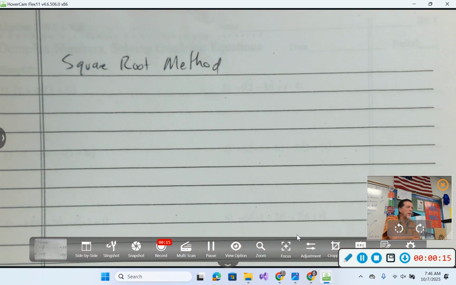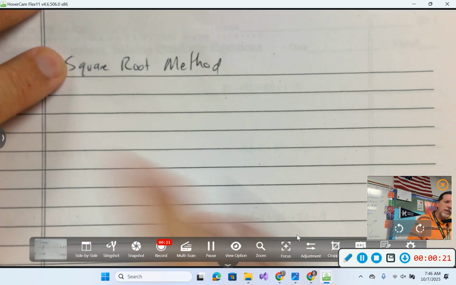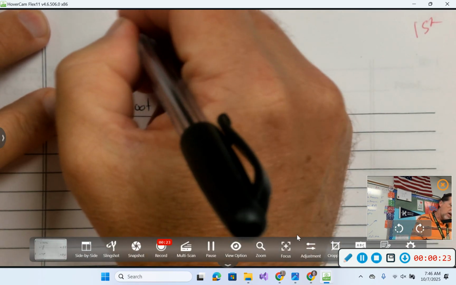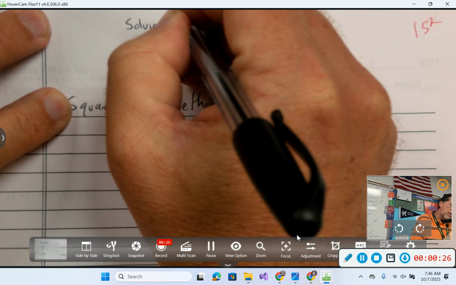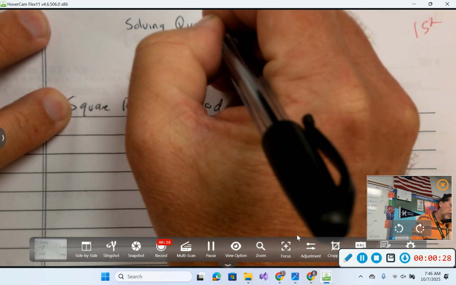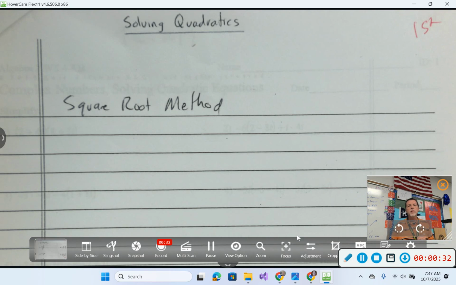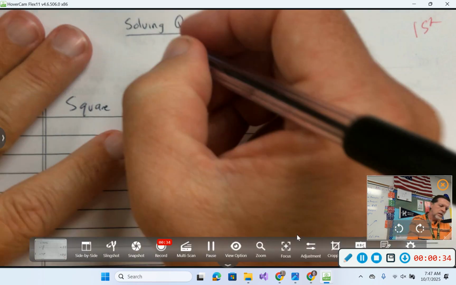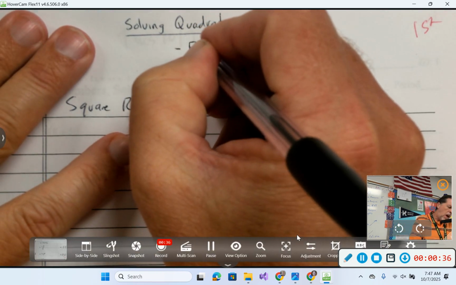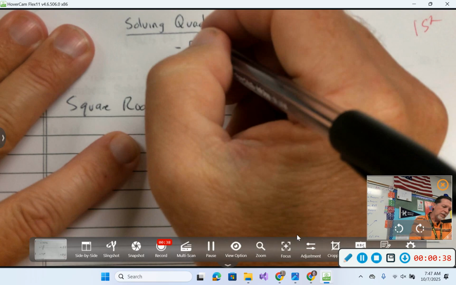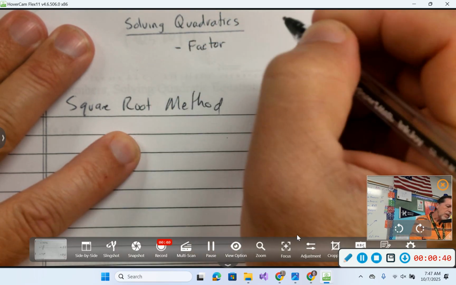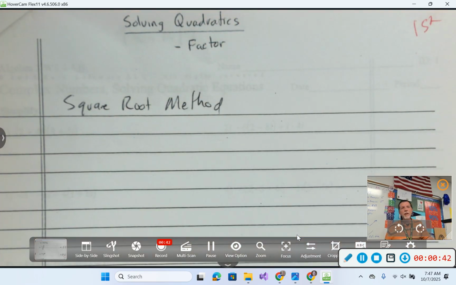All right, square root method. So this is a method for solving quadratics. Maybe we should back up just a second here and talk big picture. So one method we've done is factor and set the factors equal to 0.